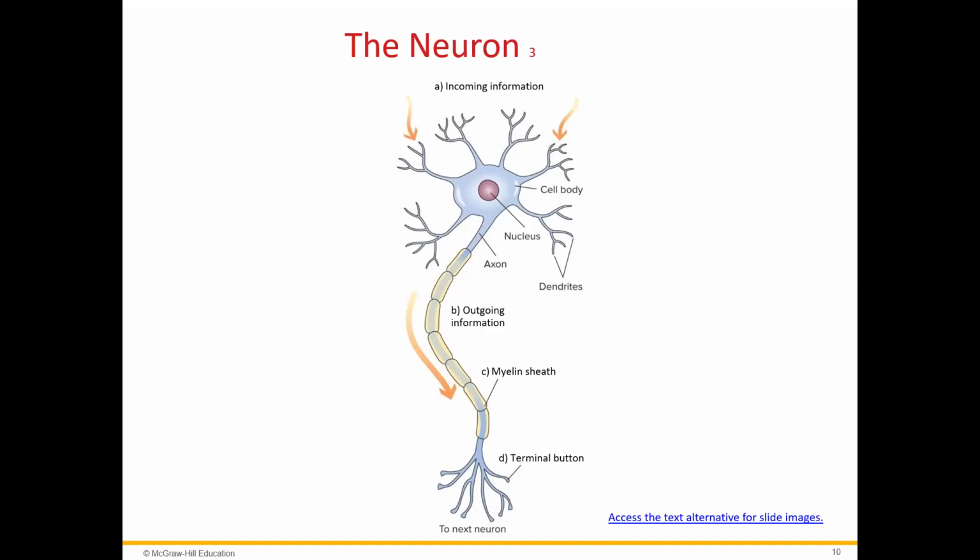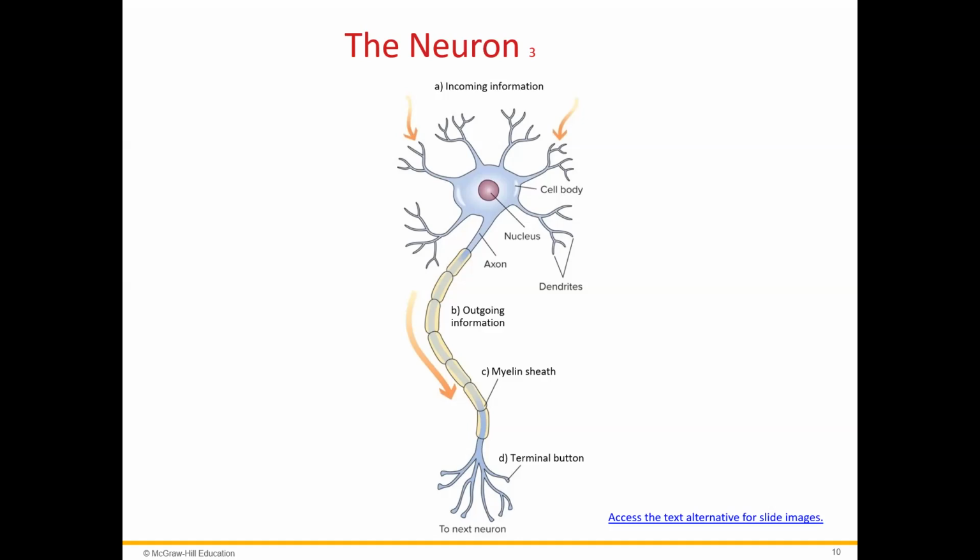So the axon allows a neuron to communicate with other neurons. And when I say other neurons, each neuron is receiving information from thousands of other neurons, and each neuron sends its information to thousands of others. So it's not a chain where one neuron communicates with the next neuron; it's a web of neurons.